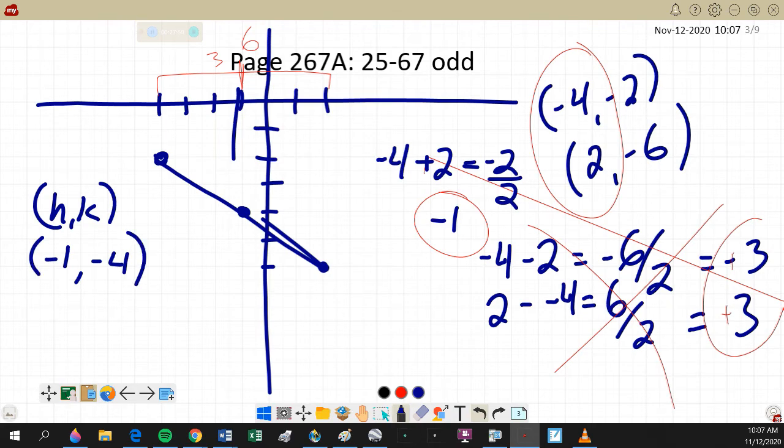I have half the equation done, more than half. (x plus 1) squared plus (y plus 4) squared equals the radius.